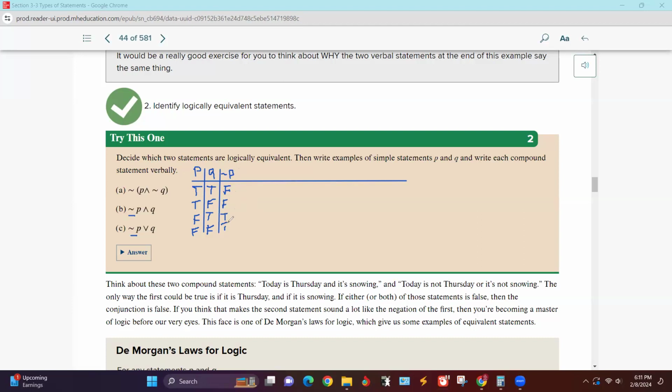So false, false, true, true is the opposite of P right there, okay?